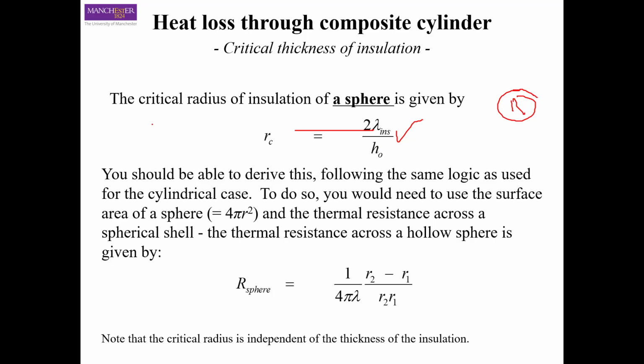Okay. For a linear system, let's say a window, where you have just a rectangular system, in this case you don't have the value of RC, because when you increase the thickness, you are just increasing the resistance, and by that you are reducing the heat loss.